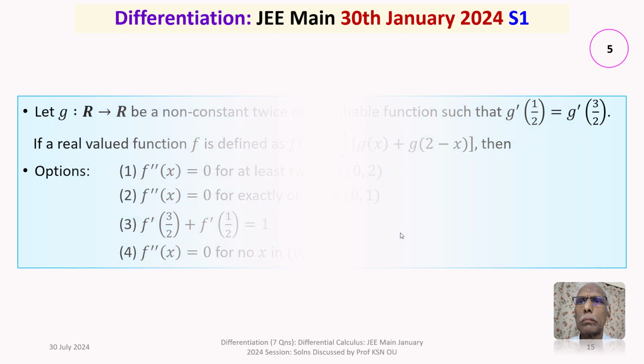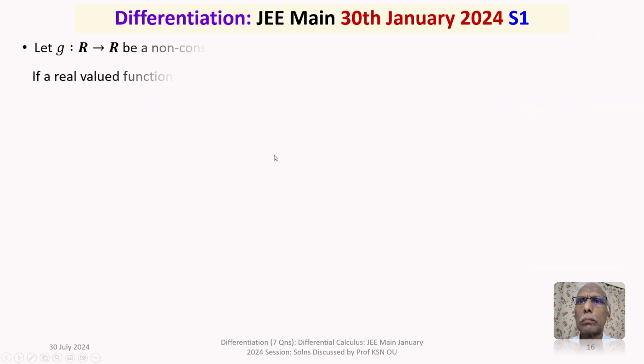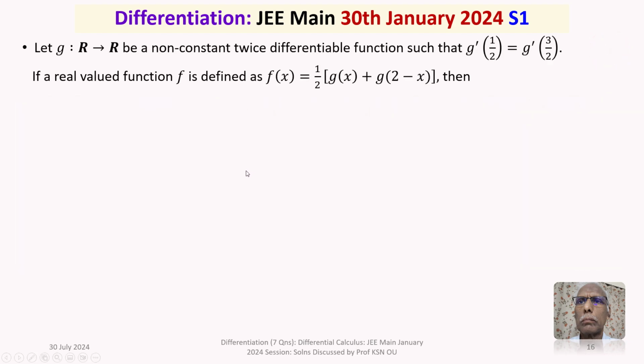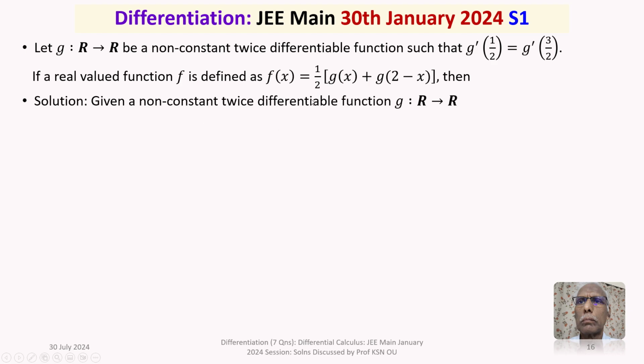Let's now discuss the solution of the problem in detail. Now, given a non-constant, twice differentiable function, note down this one, twice differentiable function g from R to R, where R is the set of real numbers.